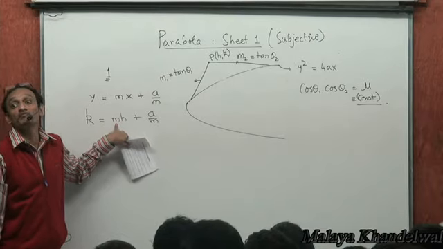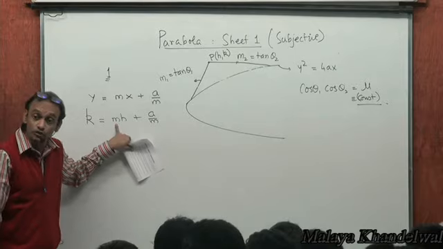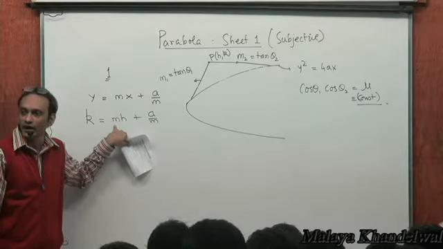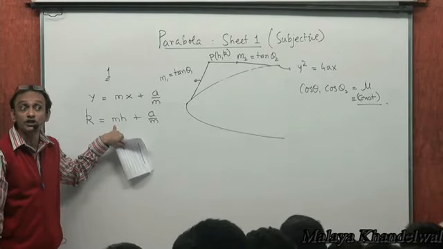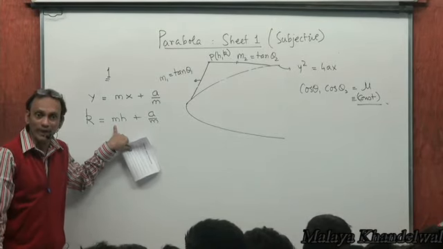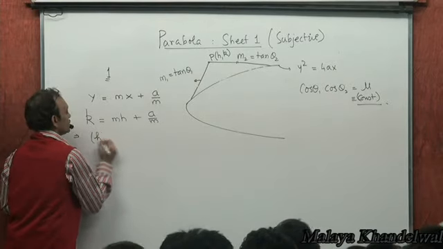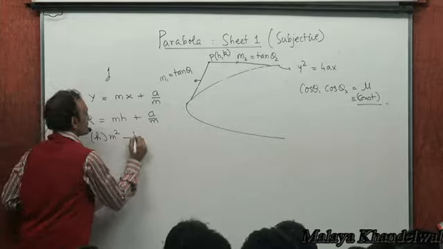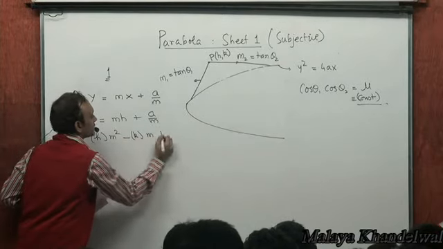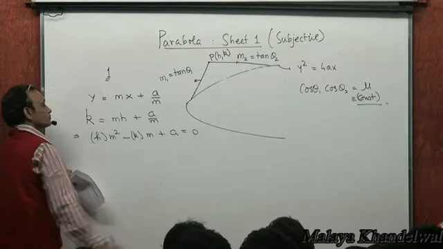Now, if you solve for m, what would you get? You get the slope of the tangent drawn from hk to the parabola. That's what you get. Now, which then is like h into m squared minus k into m plus a equal to 0.